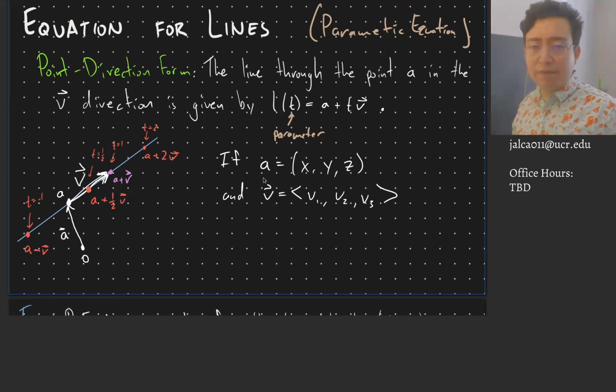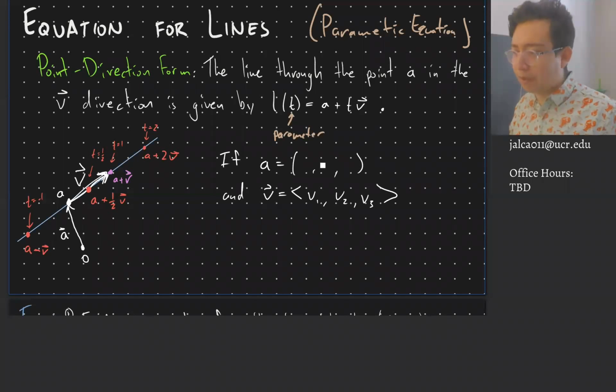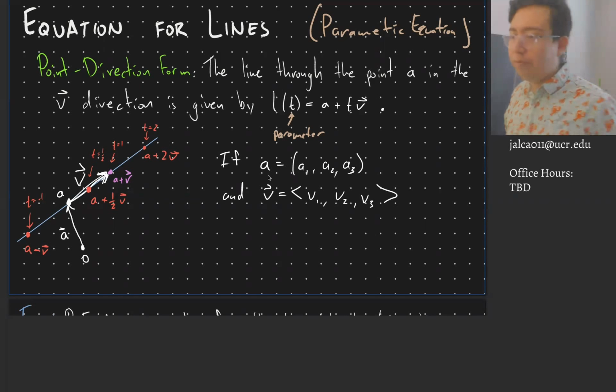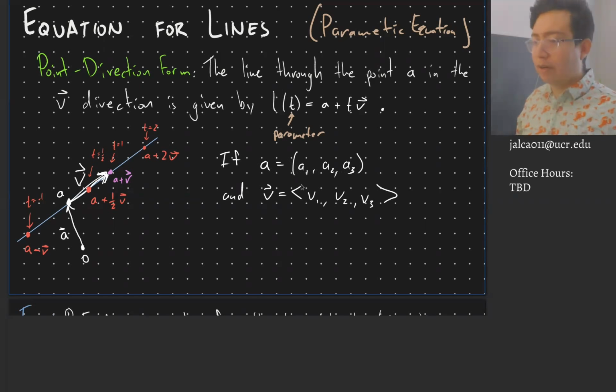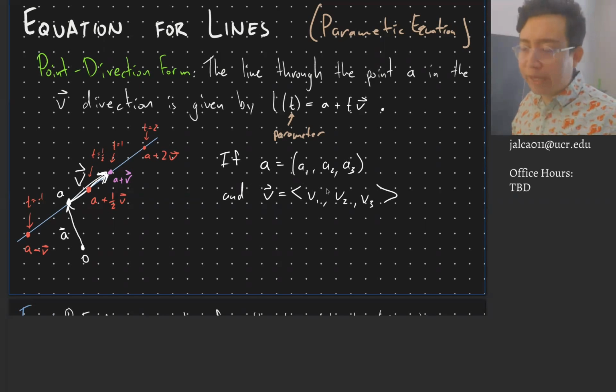Right, so let's say we have these two things. Maybe actually I shouldn't call this XYZ for reasons we'll see right now. Maybe I'm going to call this A1, A2, A3. Okay. So this is kind of our setup. This is a parametric equation. Again, this is working in 3D. It would be very similar in 2D.